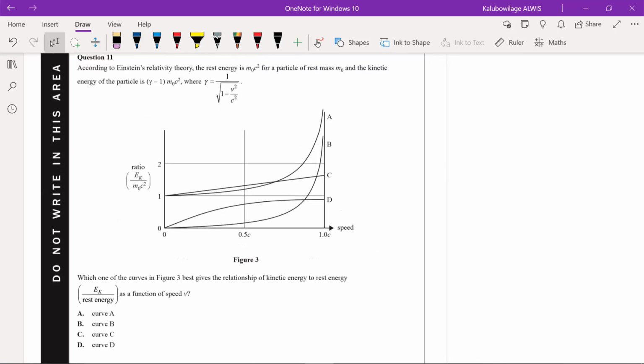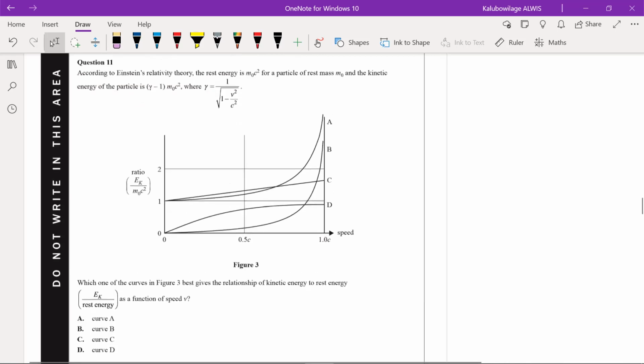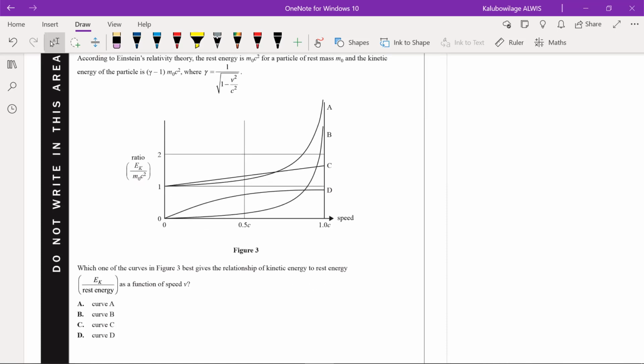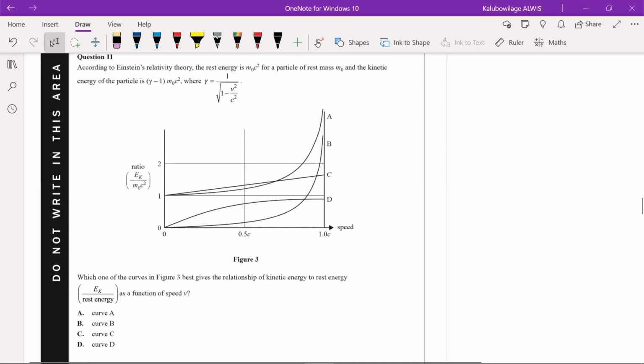Which one of the energy curves best gives the relationship of kinetic energy to rest energy as a function of speed v? Kinetic energy keeps increasing while rest energy does not change.